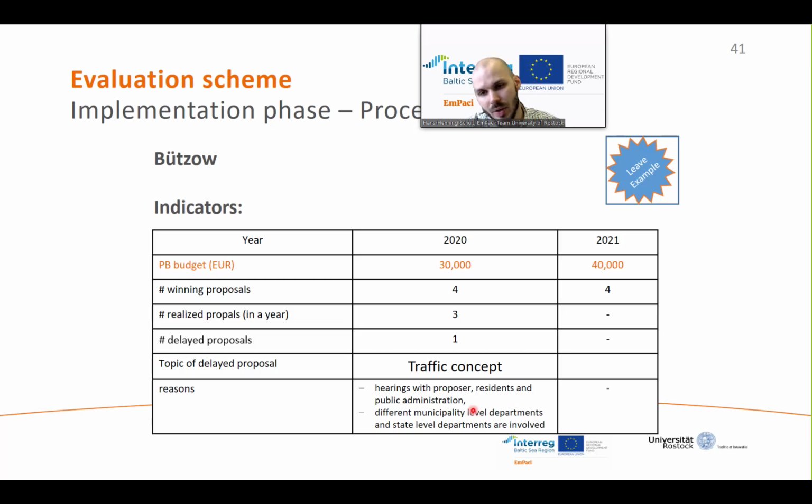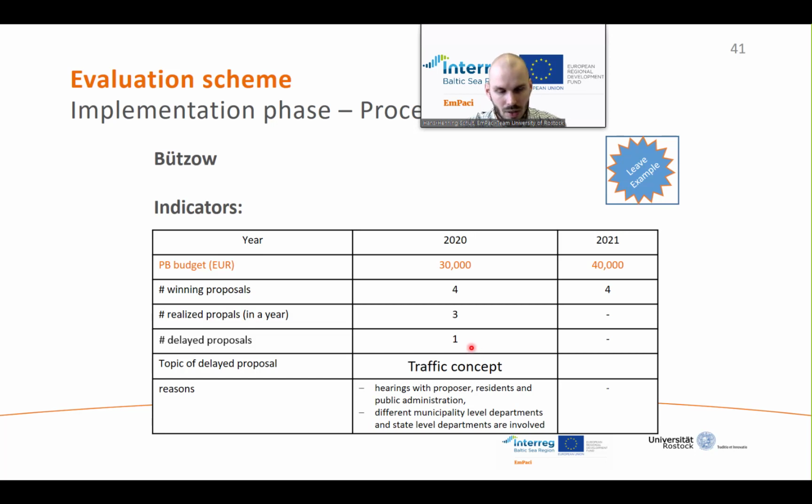When these hearings were done and the communication took place, the next step was to get permission by addressing the proposal to the state level departments. That takes time, and that's the reason why this proposal is delayed.